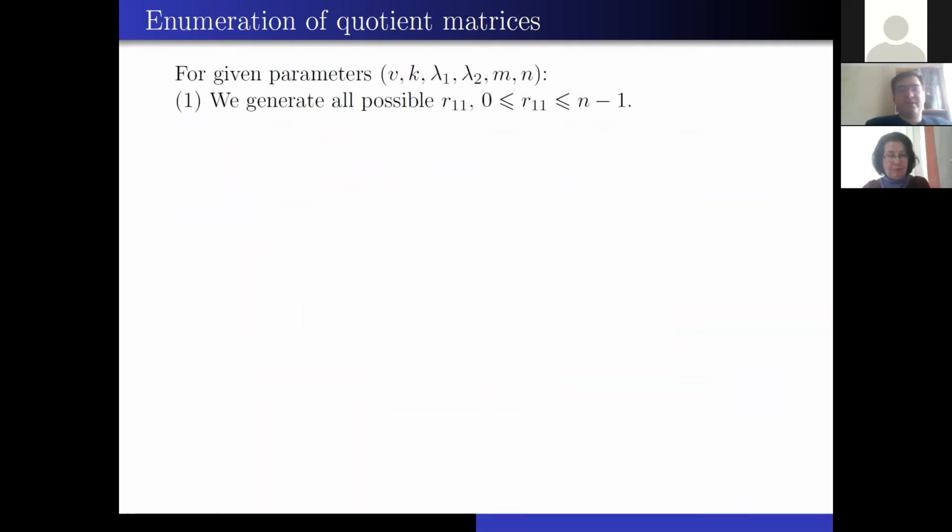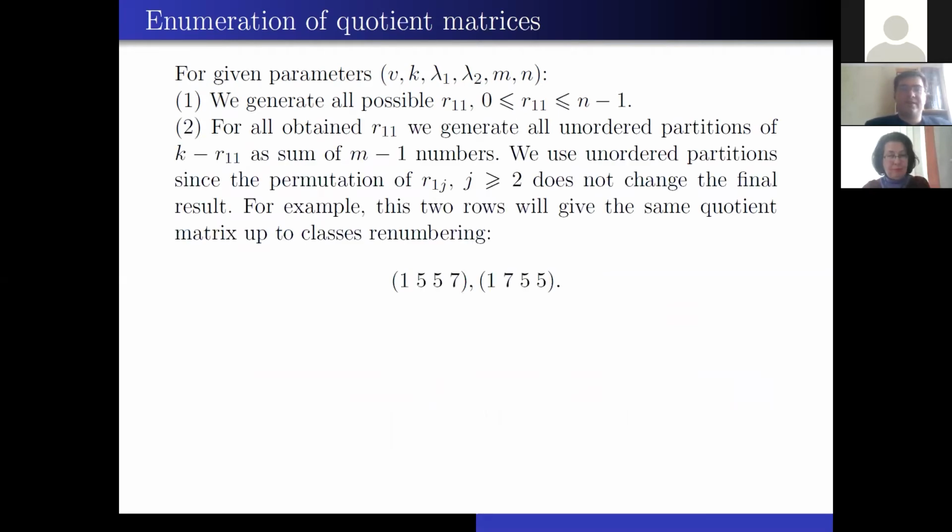For given parameters v, k, lambda 1, lambda 2, m, n, we calculate all feasible parameters. We generate all possible R11, and for all obtained R11, we generate all unordered partitions of k minus R11 as a sum of m minus 1 numbers.